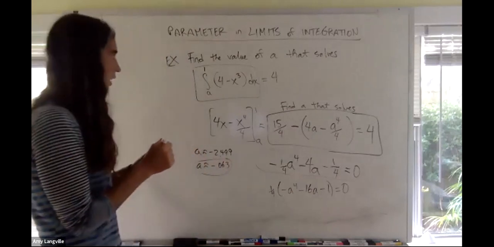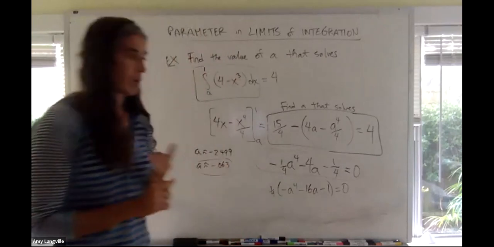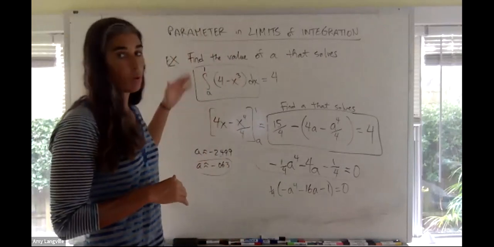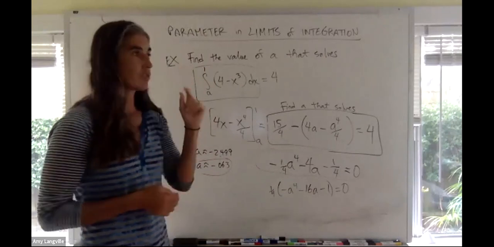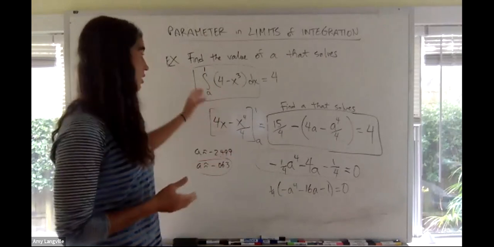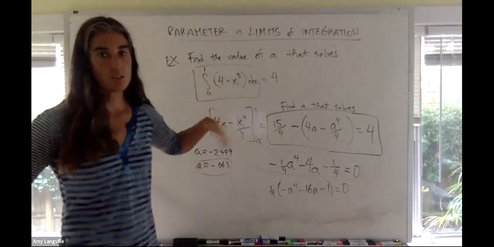We found the value of A that solves this problem. We had to use a tech tool, so we had a parameter in the limits of integration. That parameter can occur at the lower limit or the upper limit. That creates one equation, one unknown. So you use your anti-differentiation to get it down to one equation, one unknown. Sometimes that equation is simple.